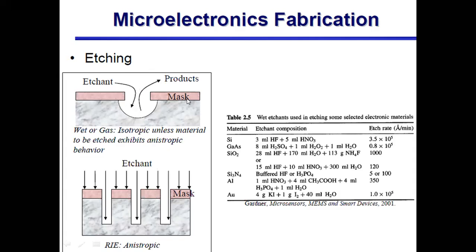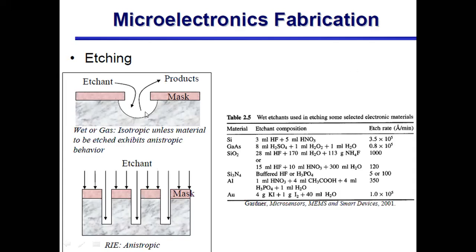So if I put this wafer in an isotropic etchant, this would be the outcome after some time. A hemispherical pit would be formed inside the substrate. This type of etching is known as isotropic etching, performed by an isotropic etchant, a solution which etches the material equally in all directions.